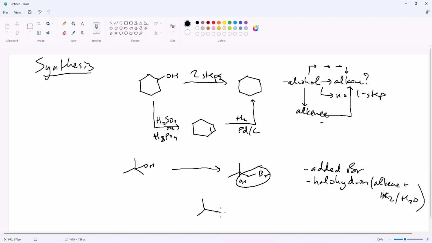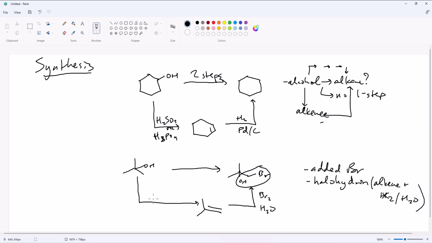If we're thinking about the alkene that this came from, it's going to come from 2-methyl-1-propene. Doing a halohydrin formation from 2-methyl-1-propene, so adding Br2 and H2O, would get us to this final product. But how do we get from this alcohol to this alkene? We can do this in the same way we saw in the previous problem.